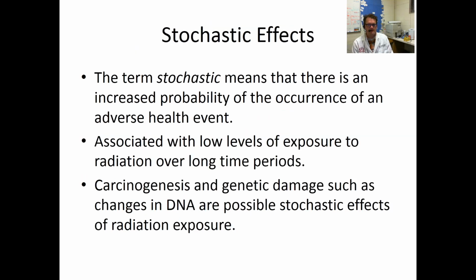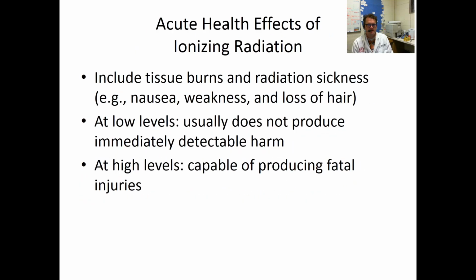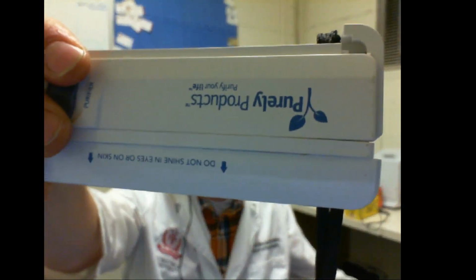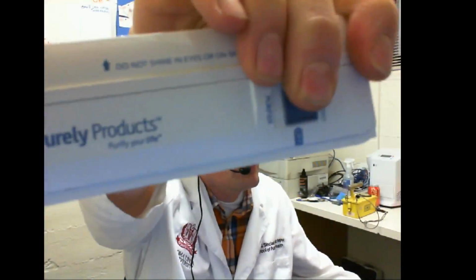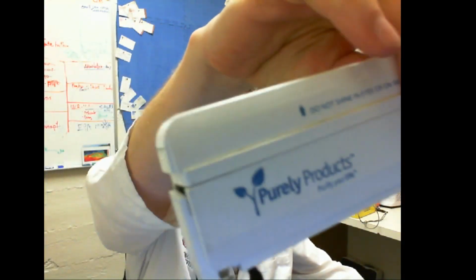Well, let's go back to health risks and acute health effects of ionizing radiation. So here on Loma Linda University campus, we use these types of UV lights. I have this one here in the lab. It's called Purity Products, and it's actually a light.